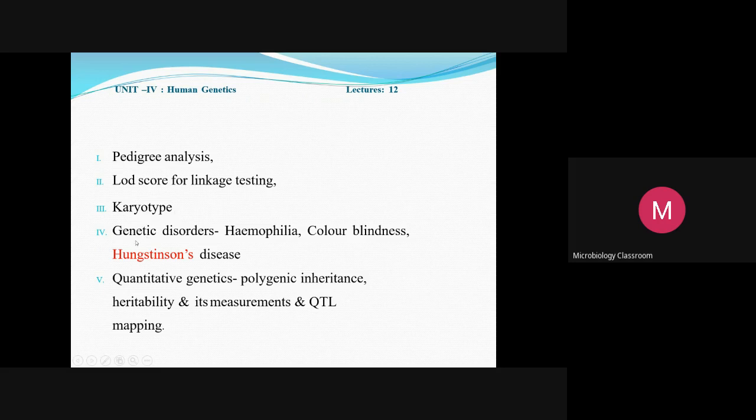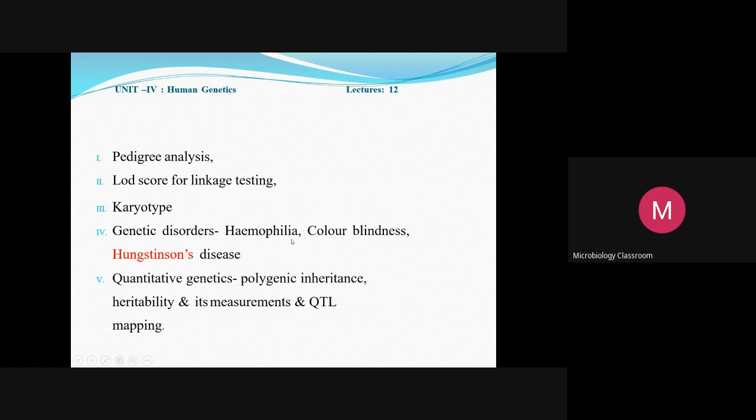So here some of the genetic disorders are hemophilia, color blindness, Huntington's disease. These three disorders are examples of pedigree analysis, that is, of one inheritance type each.